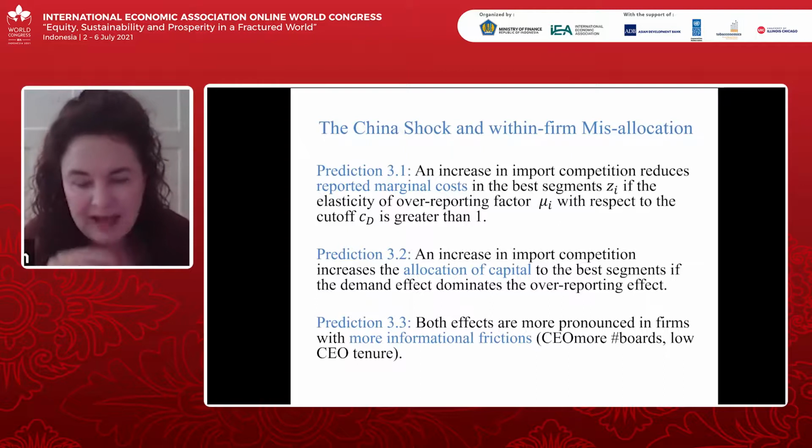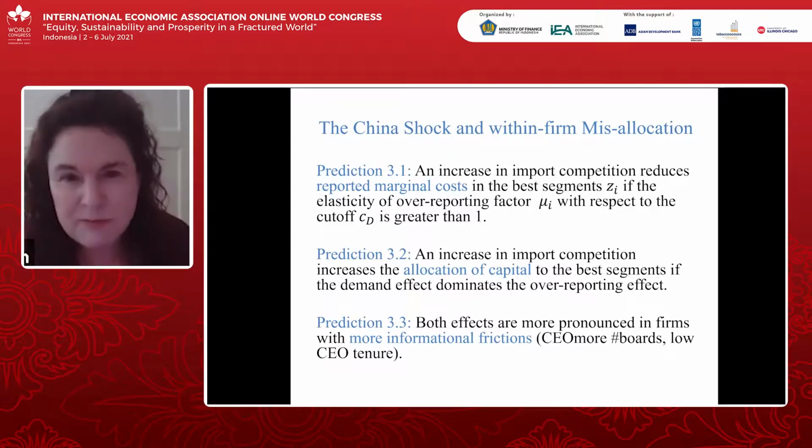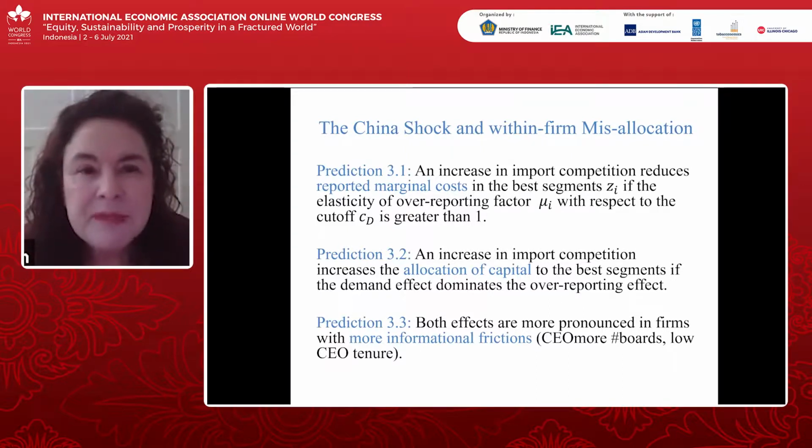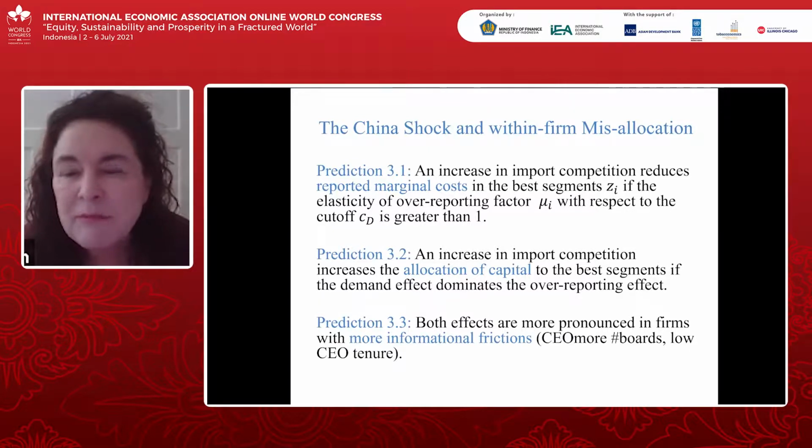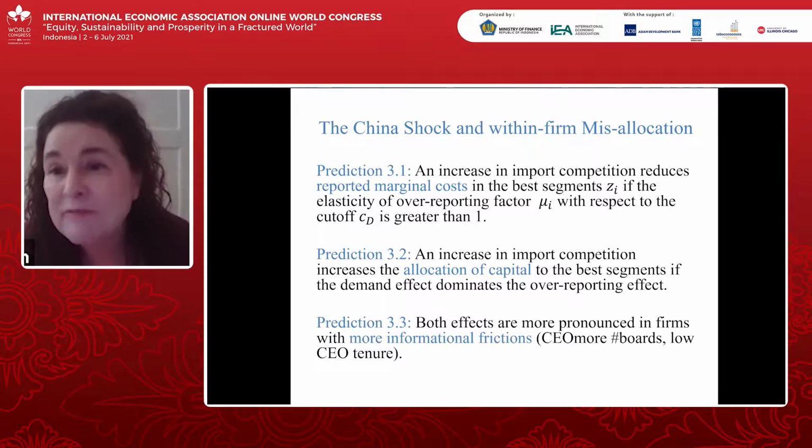So let me now test this in a more rigorous way. The first prediction we get is that an increase in import competition reduces the reported marginal cost in the best segments. Over-reporting is in the best segments. And this will be the case, and this is a condition we derive, if the elasticity of the over-reporting factor mu with respect to CD is greater than 1.